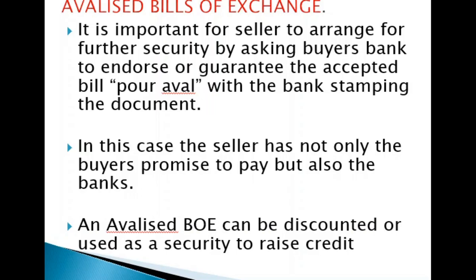In this case, the seller has not only the buyer's promise to pay, but also the bank has guaranteed to pay. An avalized bill of exchange can be discounted or used as a security to raise credit because it has been guaranteed by a bank, so it's guaranteed for payment. That is why an avalized bill of exchange can be discounted or used as a security to raise credit.